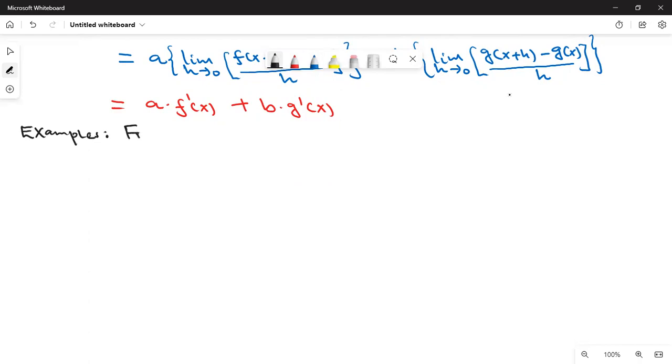You can write: find dy over dx given that in part A, y is equal to 4x cubed minus 2 times root x, then plus 7 over x minus 28.